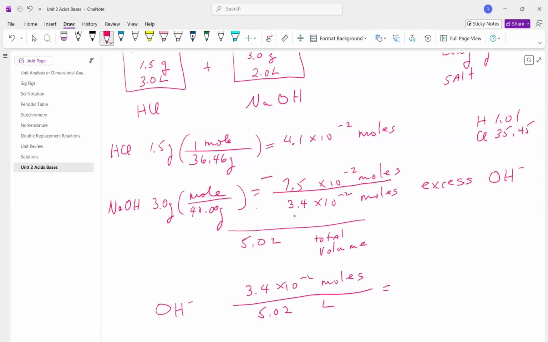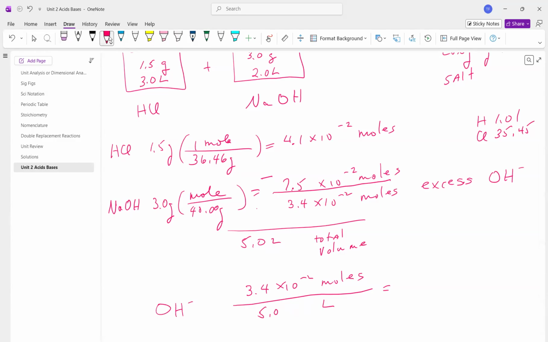You have to do the mole calculation first. Then you subtract the two, and whichever's more, that's the excess. Now, if you have more OHs, that means we're going to calculate pOH. And if more H's, then we're going to calculate pH. Is it 5.02 liters or is it 5.0 liters? Oh, yeah, 5.0. Okay.